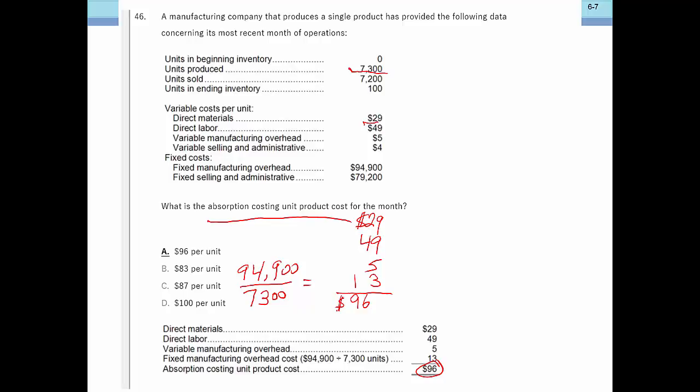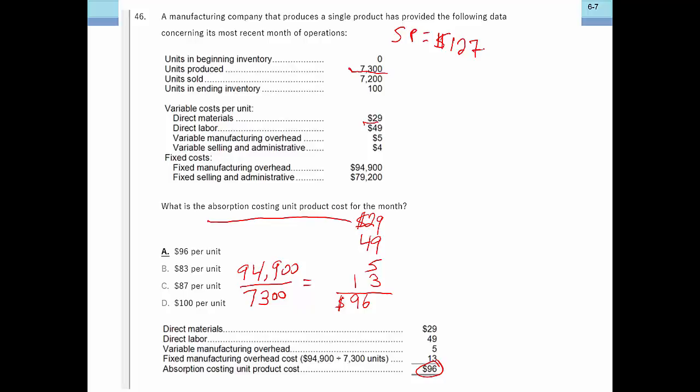Now, with all that, let's mess around with this question a little bit. Let's say the selling price for this thing, and I'm just making this up, is $127 per unit. Did they say this somewhere, or did I make that up? I made that up, right? So it's $127 per unit. I'm going to prepare my absorption costing GAAP income statement using all of this information now.